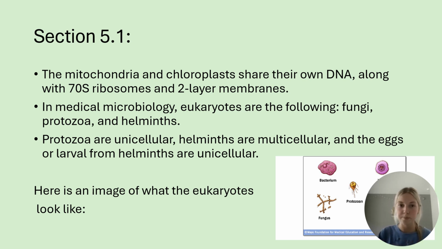And then down below is an image of what the eukaryotes look like, showing bacteria, helminths, protozoa, fungi, all that stuff. Just a picture so we can get an idea of how they look up close.